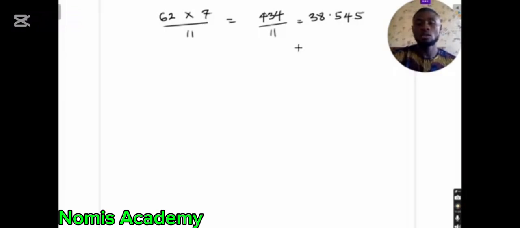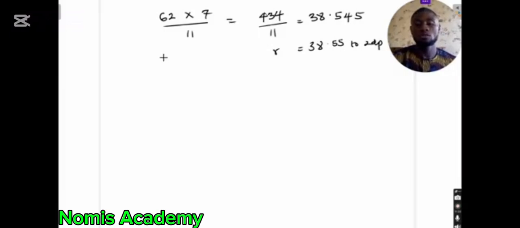Let's say our answer will be put to 2 decimal places, 38.55. So the radius of the circle is equal to 38.55 to 2 decimal places.